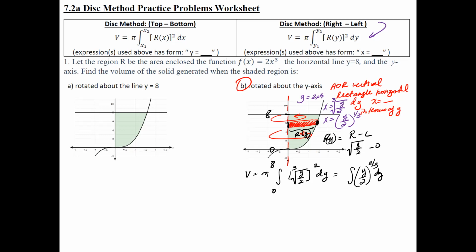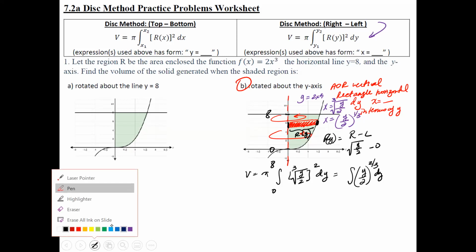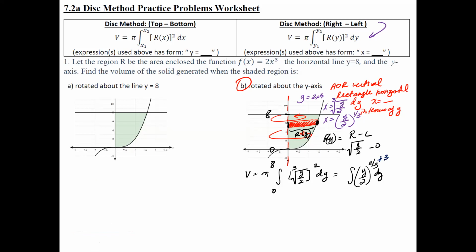All right, so then let's go ahead and integrate this. So when I do that, it'll be a +1, which is a 3 over 3. 5 and 2 gives me a 5/3. Now you're going to have to go ahead and divide the entire thing by 5 over 3, which is the same thing as saying times it by 3 over 5.